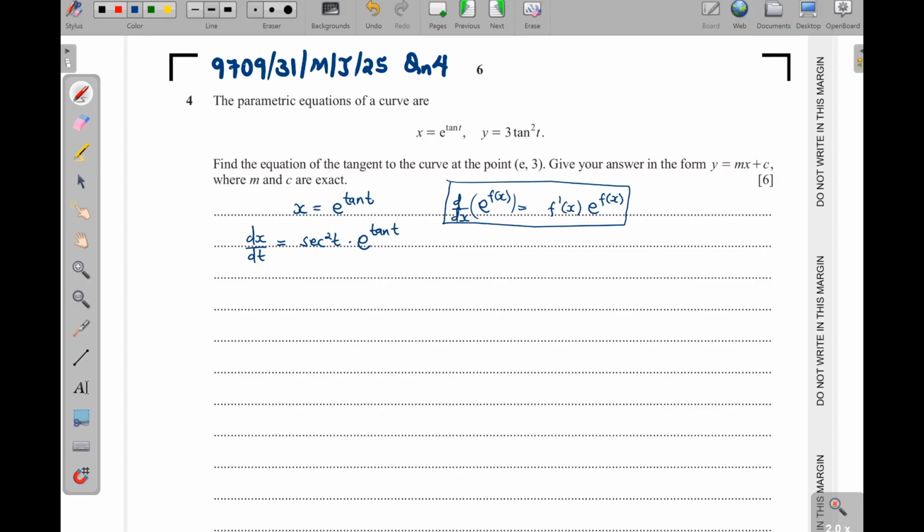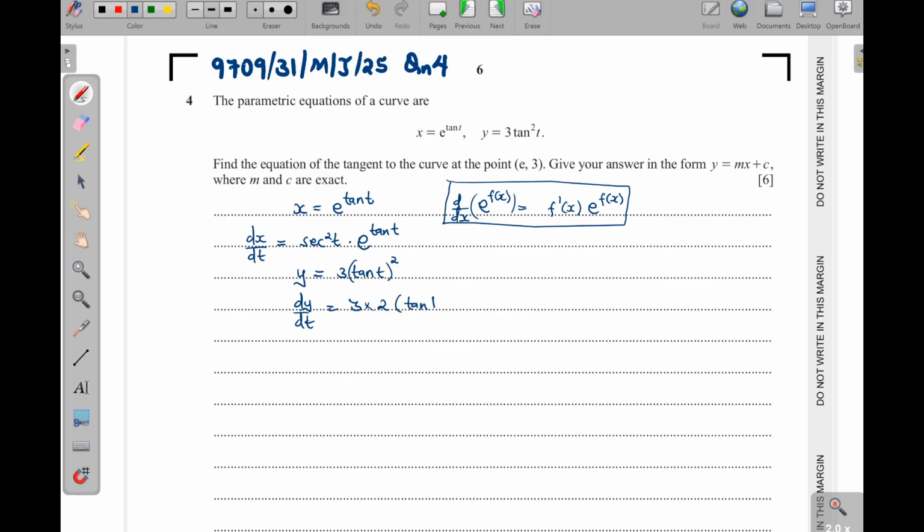Then after that, let's go to y. So y is equal to 3 tan t, this one squared here. The square that is here, I'm going to write it like this. It is the same. Then dy/dt shall be equal to, drop this power, so it will become a 6. So 3 times 2 there.